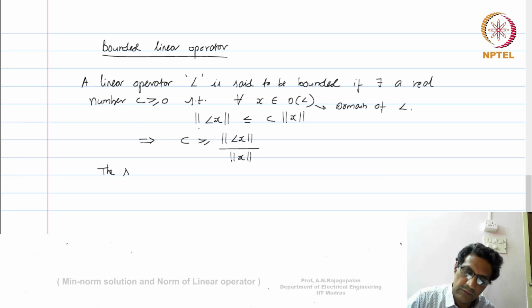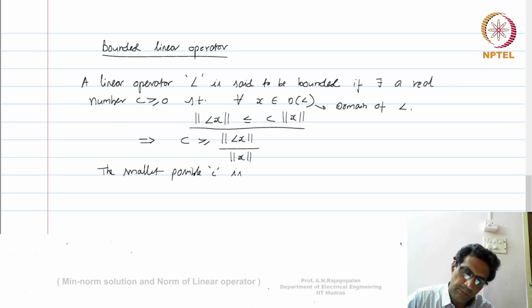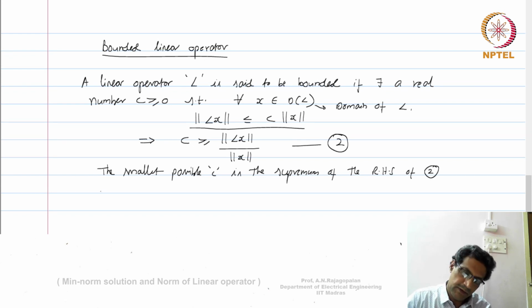The smallest possible C that satisfies this condition is called the norm of L. The smallest possible C is the supremum of the RHS of equation 2, taken over the domain of L minus the 0 vector, because we are dividing by norm x.